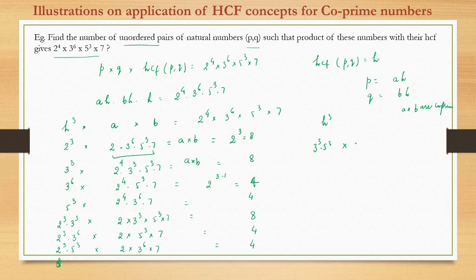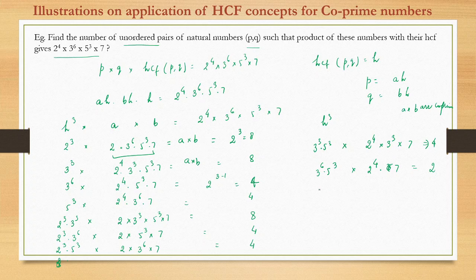What remains is 2 raised to power 4 into 3 cubed into 7. So this again has 4 ways. Now suppose h cubed takes 3 raised to power 6 into 5 cubed, and what remains is 2 raised to power 4, no 3, no 5, no 7. So it can have only 2 raised to power 2 minus 1, which is 2 ways.